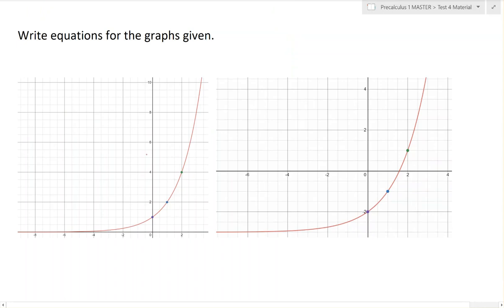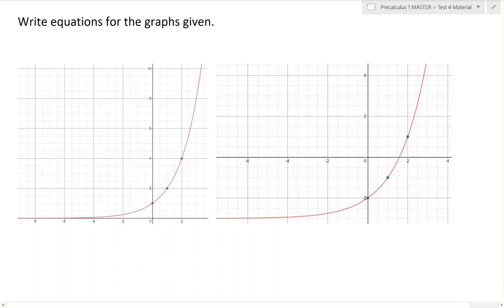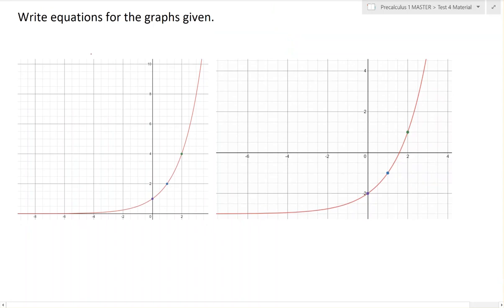So let's see if we can write equations for these graphs given the qualities that we know about exponential functions now. It's helpful to notice where the graph is approaching as we go to the left, that horizontal asymptote, but also to identify points. This is the point 0, 1. This is the point 1, 2, the point 2, 4, and I even have this point 3, 8.